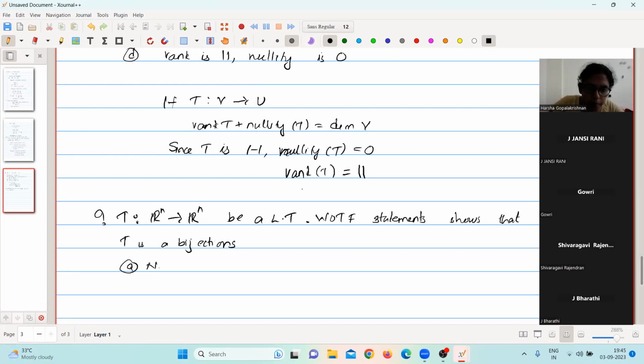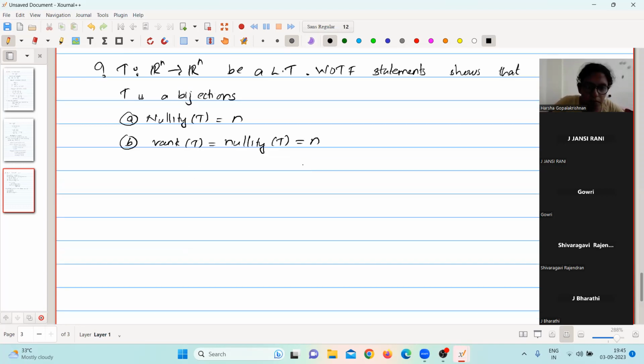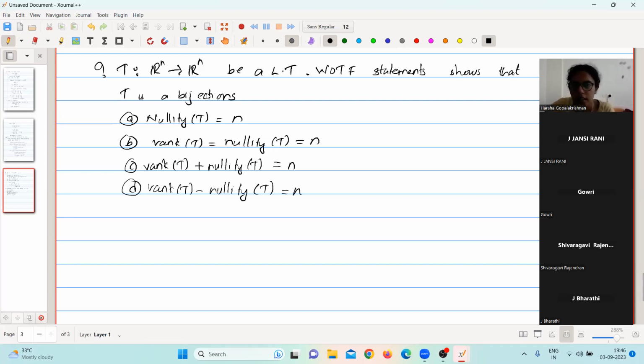First statement, nullity of T equal to N. And the second option, rank of T equals nullity of T equals N. And third option is rank of T plus nullity of T equal to N. And fourth option is rank T minus nullity of T equal to N. So the question is, which of these statements A, B, C, D implies that T is a bijection?